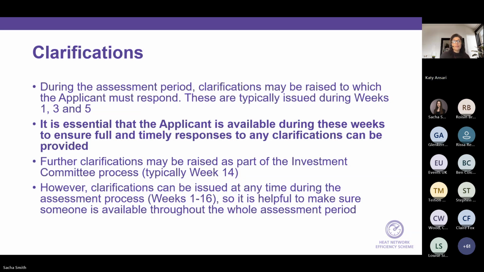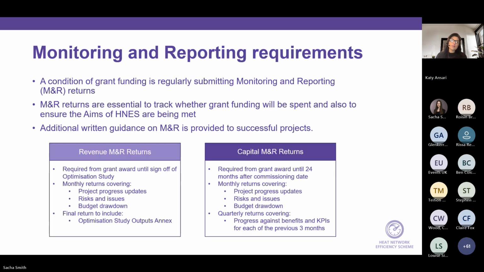Clarifications could be issued at any time during the assessment process, so weeks 1 to 16, but the initial first few weeks are very important in the assessment process, so if you can keep an eye on those, that would be great.